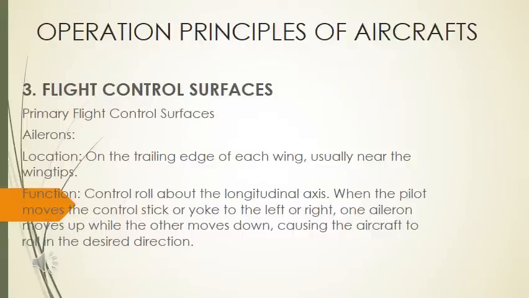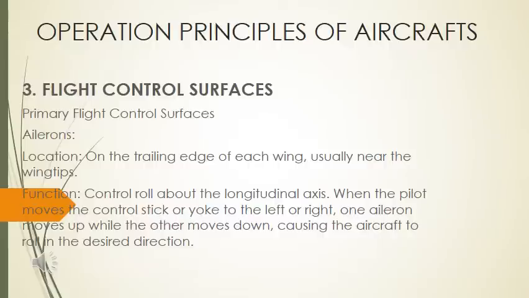Primary flight control surfaces. We have first the ailerons. They are located on the trailing edge of each wing, usually near the wing tips. The function is to control roll about the aircraft's longitudinal axis.